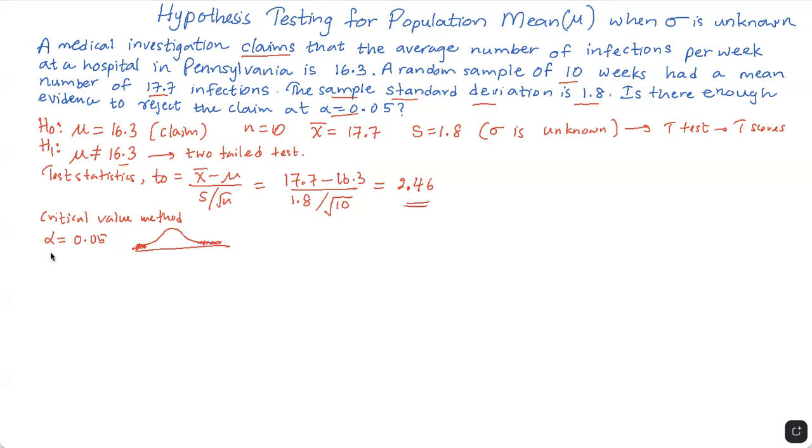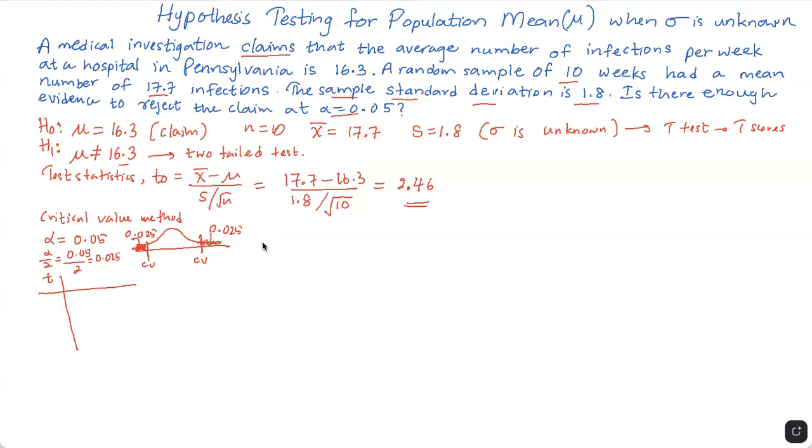Since alpha is 0.05, alpha over 2 is 0.05 divided by 2, which is 0.025. So this one-tail area is 0.025, and this one is also 0.025. Now we need two cutoff points over here, one negative and the other positive. So two critical values.